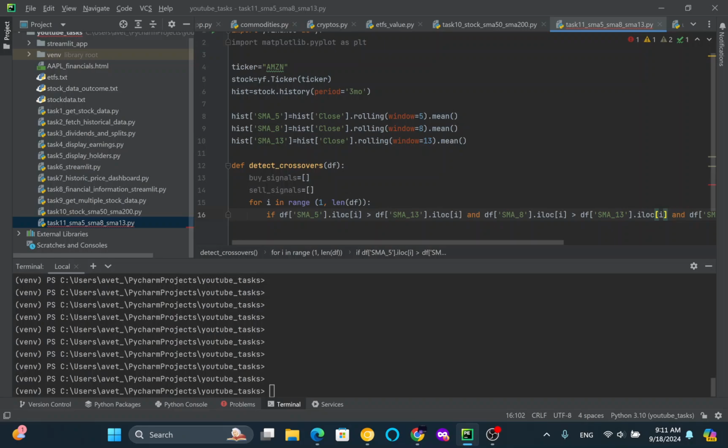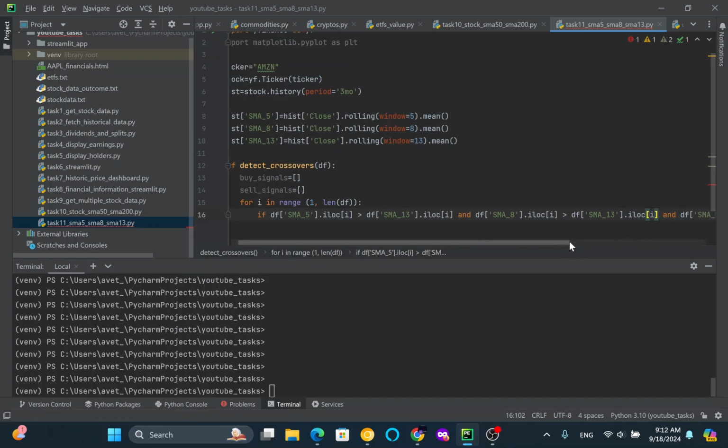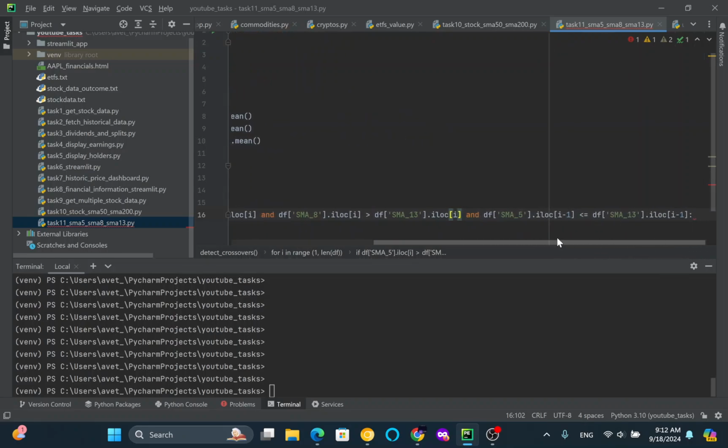For each row of our data frame, we're taking the appropriate row element of SMA5 to check if it is more than SMA13, measuring apples with apples. We do the same for SMA8 and 13, also paying specific attention to the rule that on the previous day they were below SMA13.